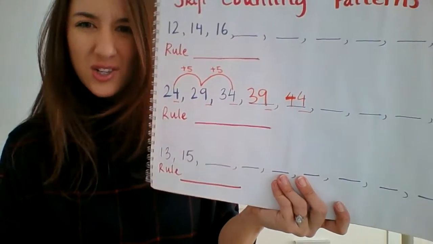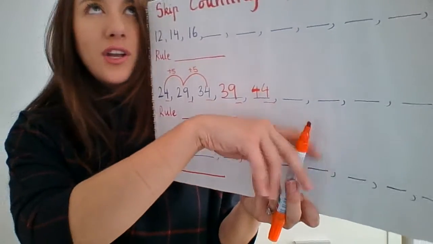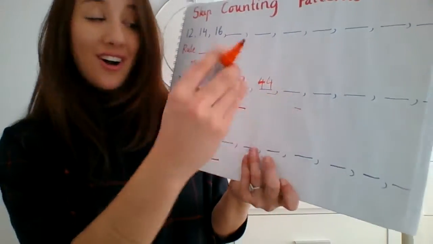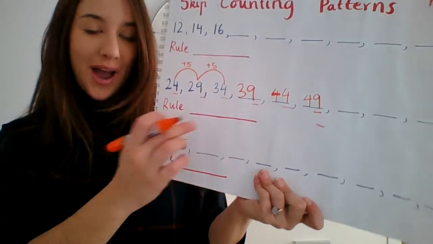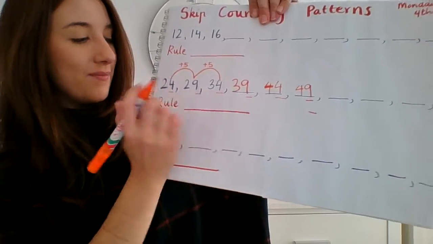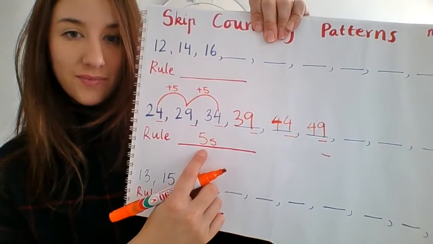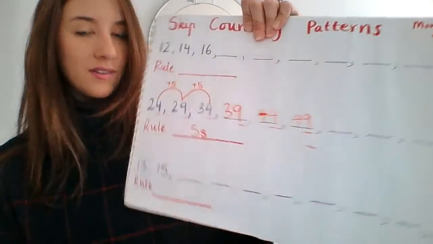I wonder what the ones column is going to be next. 44, 45, 46, 47, 48, 49. So our skip counting pattern here, the rule is it is skip counting by 5s. Okay, that's an S to say 5s.